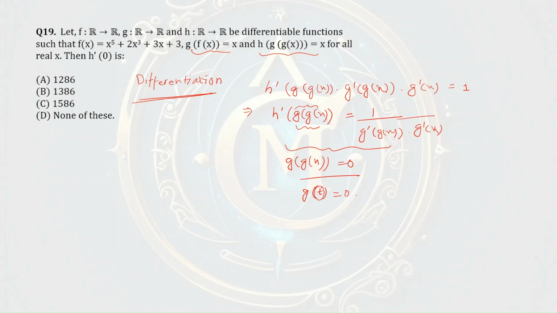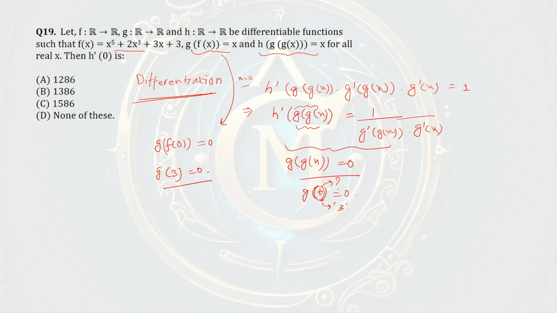Now what should be the value of t so that g of t equal to 0? Now from this information we can tell that if we put x equal to 0 in both sides, we will get g of f of 0 is equal to 0. So that means f of 0, we can find it from here, it becomes 3. So g of 3 is 0. That means this t should be 3.